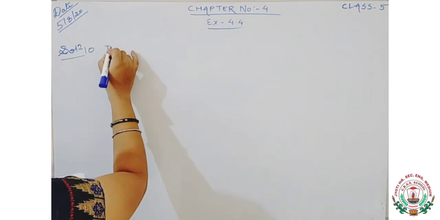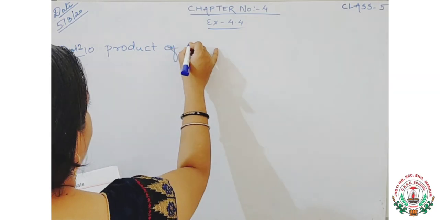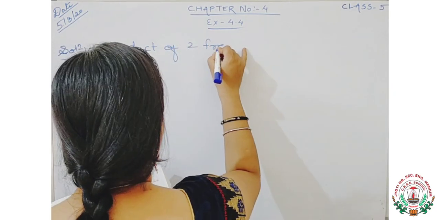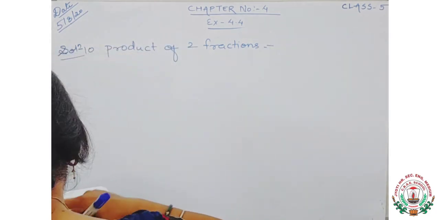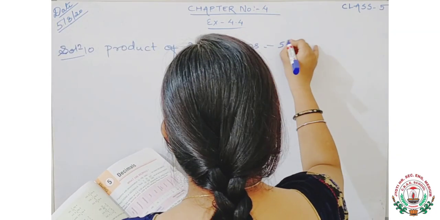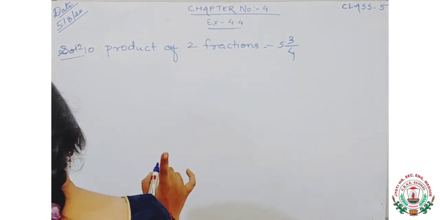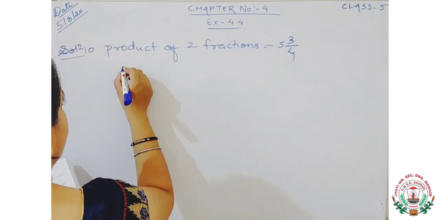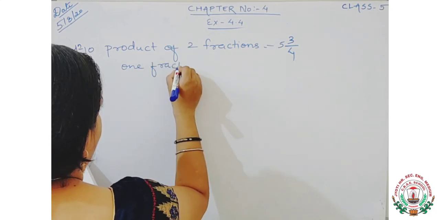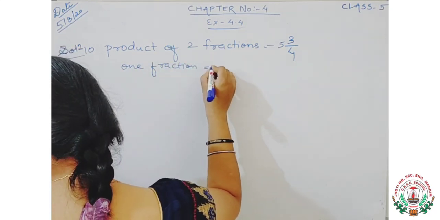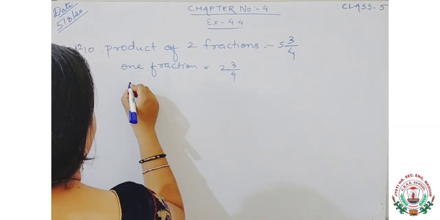Product of two fractions is equal to, what is the product of two fractions? 5 3 upon 4. Okay. And one of them, one fraction, is equal to 2 3 by 4.